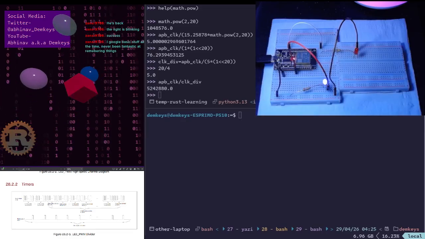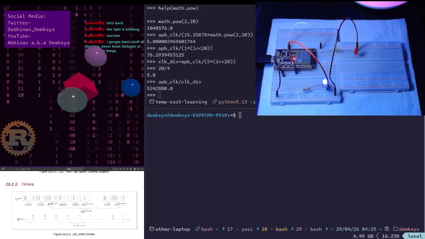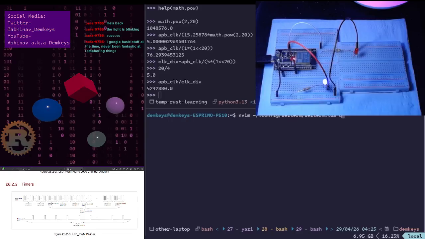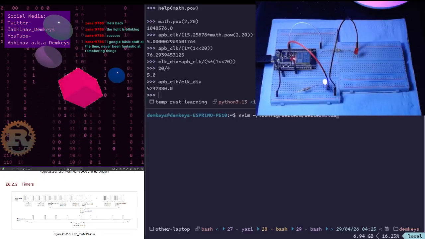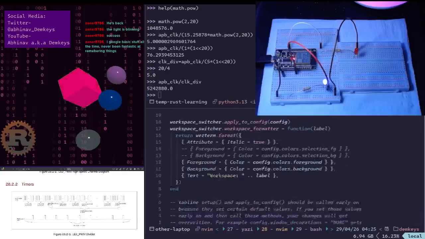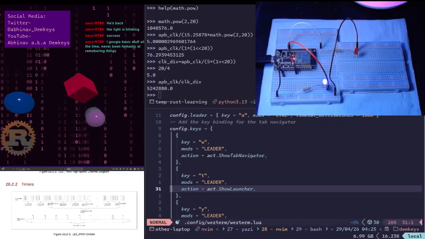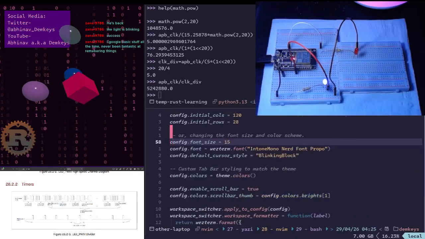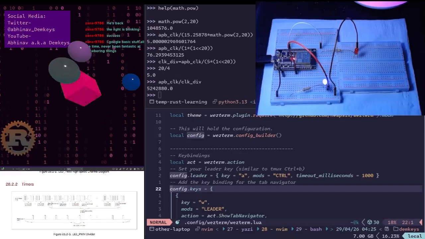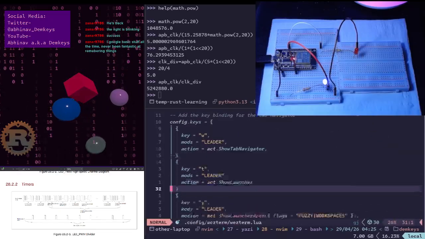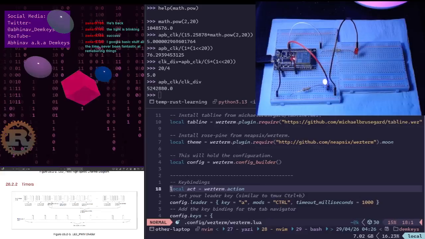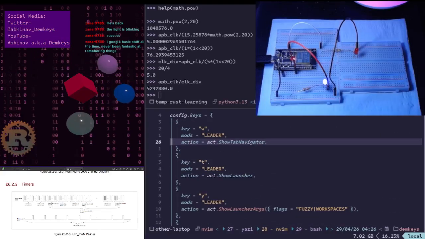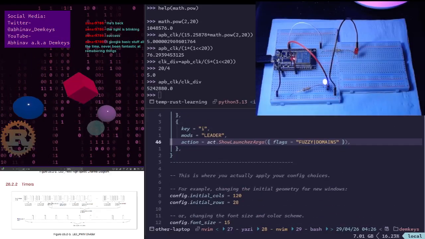Cool. So what I was doing was this time without the queue. So in here, I believe I have configured something to show. We have tab navigator, we have this, and did I not configure this? I guess not.